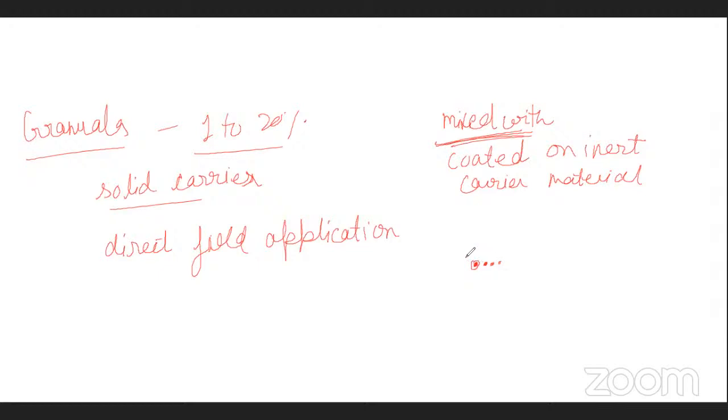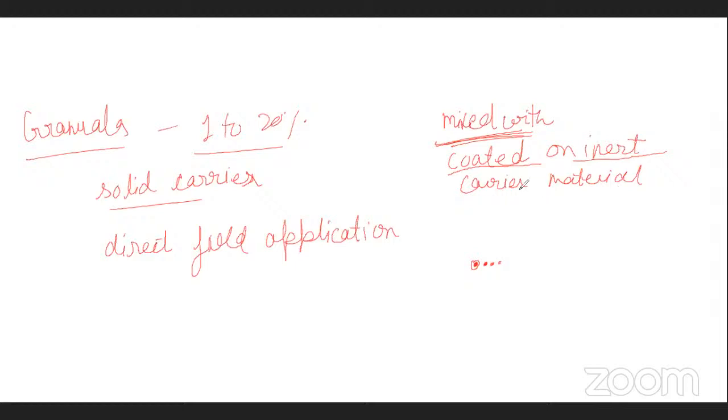The examples are many materials, such as expanded vermiculite or clay particles, which can be used as a carrier on which the herbicides are coated.